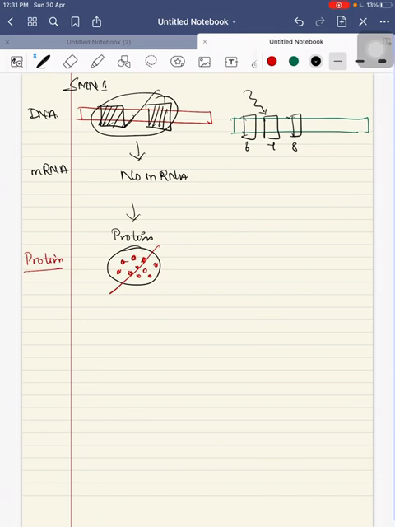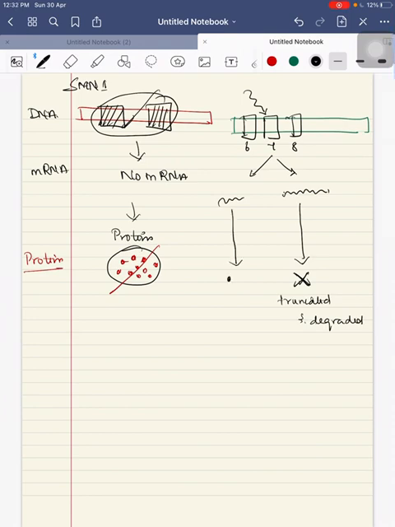Next we'll go into SMN2. Here it is exon 6, 7 and 8. When exon 7 is not present, we will have the mRNA, but the full length SMN will not be present.